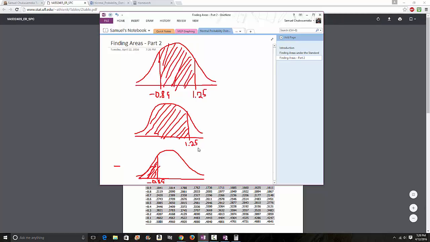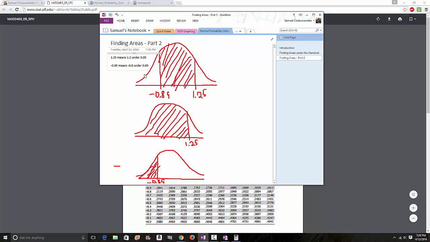So let's go ahead. Let's do 1.25. 1.25 means 1.2 under 0.05. Let me write it here. And then negative 0.89 means negative 0.8 under 0.09.